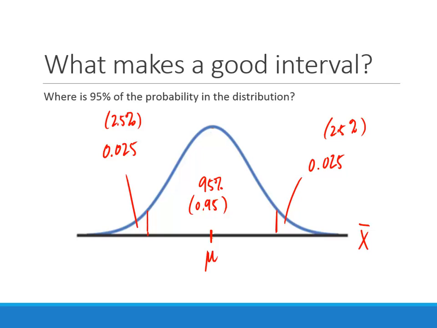Okay, so again, labeling these things, we want to find these numbers here such that, I think we used A and B earlier, right? We want to find A and B such that the probability that the population mean falls between them is 95%. So this picture is your motivating example.